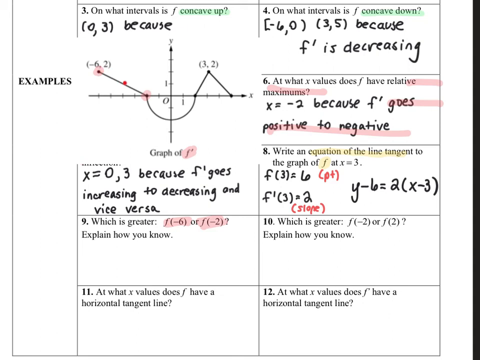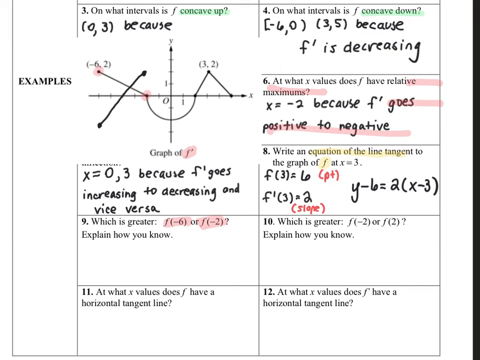However, use this f prime graph to think about what's happening on the graph of f. We said that f begins with an increase. If you imagine what f looks like, f is going to begin someplace, I don't know the y value, but it's going to begin at x equals -6, and it's going to jump into an increase, and it's going to increase until I get to x equals -2.